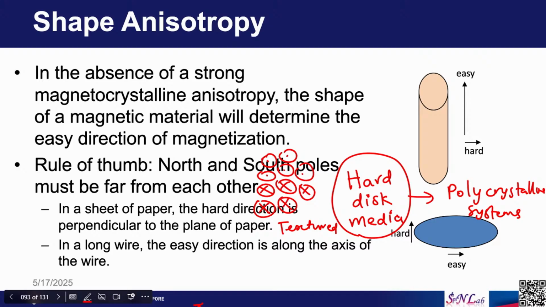When I say textured films, we prepare the easy direction of these grains. Now I am looking at the cross sectional point of view. Their easy direction may be mostly pointing in the perpendicular direction, whereas some grains may have slight tilting.